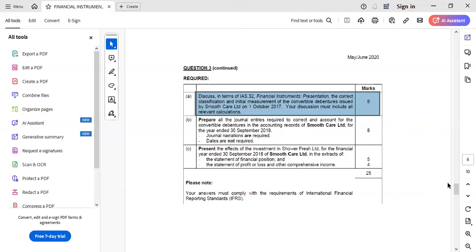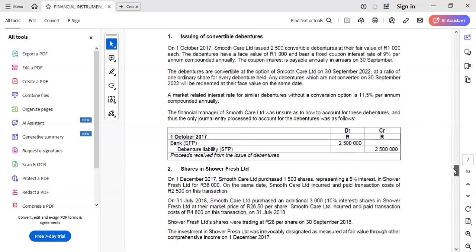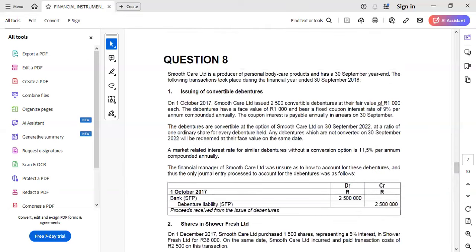Right. So we're saying here, there is a liability in the form of interest at 9% that is to be paid annually. We have an obligation as Smoothcare to pay that interest. Right.